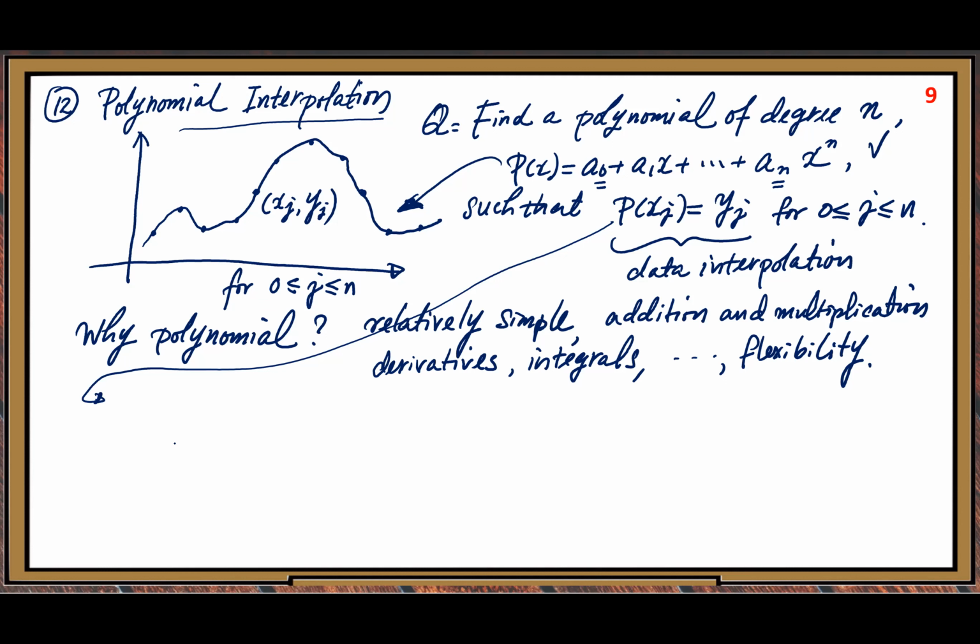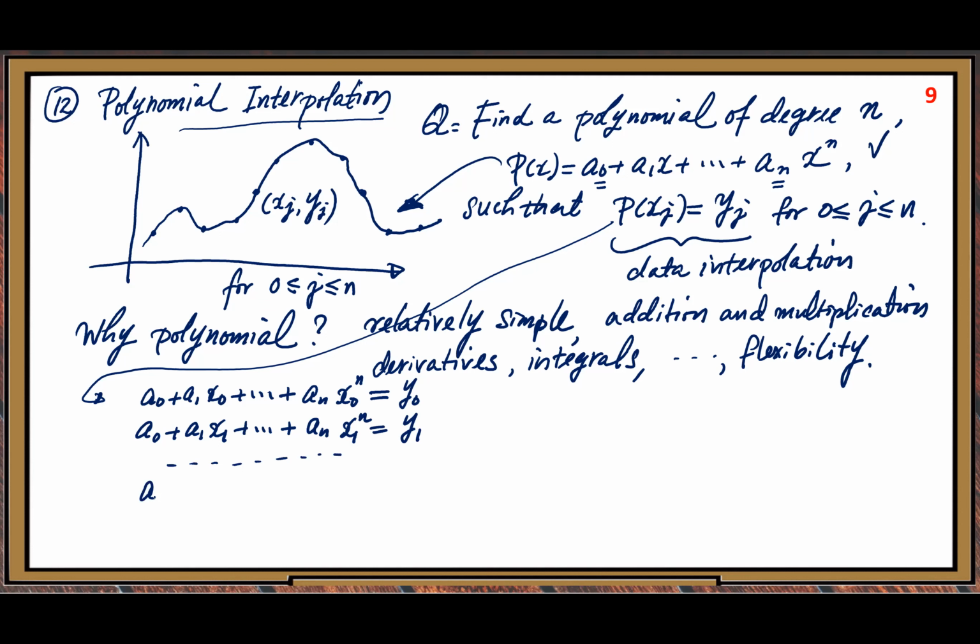We just plug in: a0 for the first data point, a1 x0, ... an x0 to the nth should equal y0. Second data point, a1 x1, ... an x1 to the nth power equals y1, and so on.